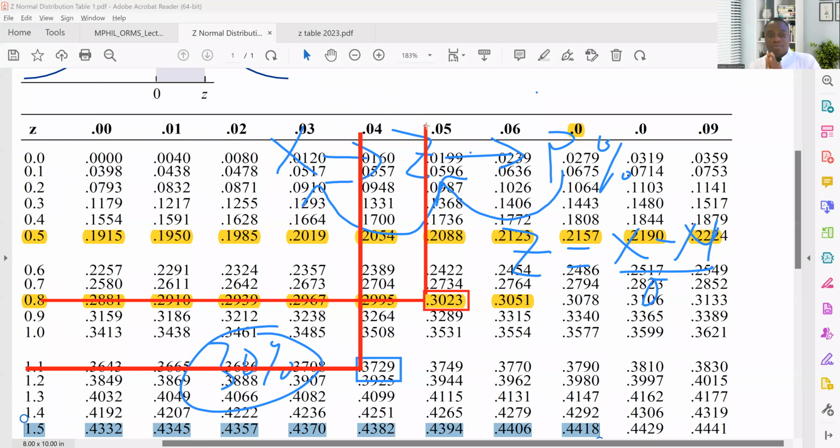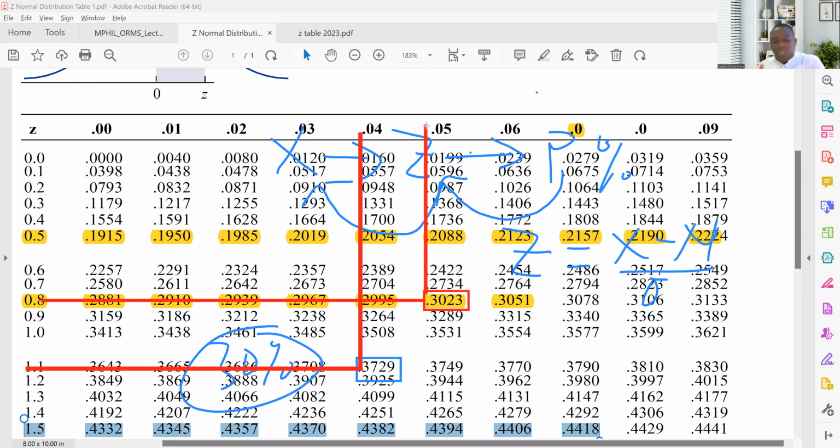But I have to draw. And when you draw, where it is located will tell you whether it's on the left of the mean or on the right of the mean. Now, please listen. After you've drawn, if the value is on the left of the mean, then you have to give it a negative value, because remember, the Z correspondence of anything on the left of the mean is negative.